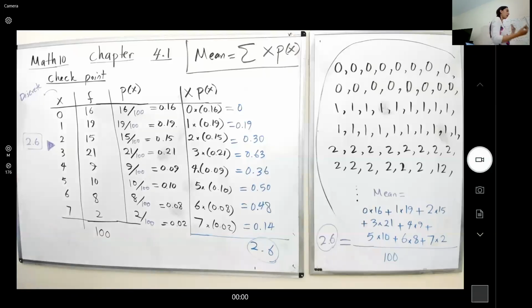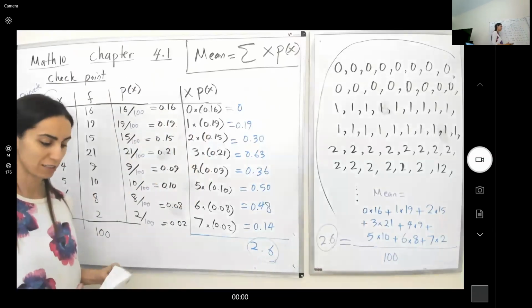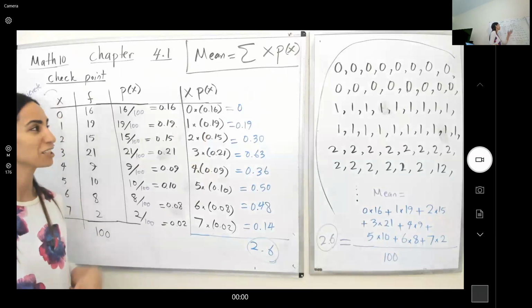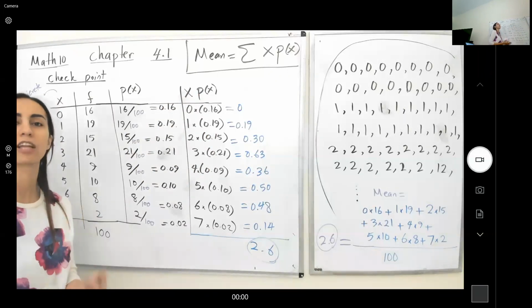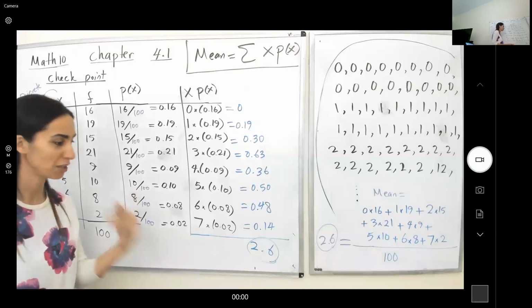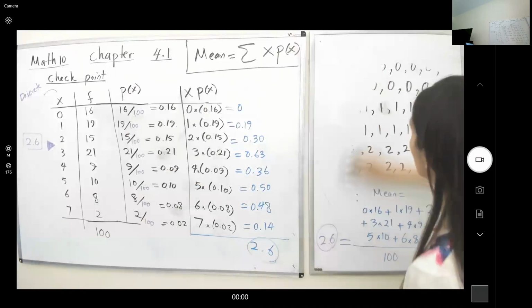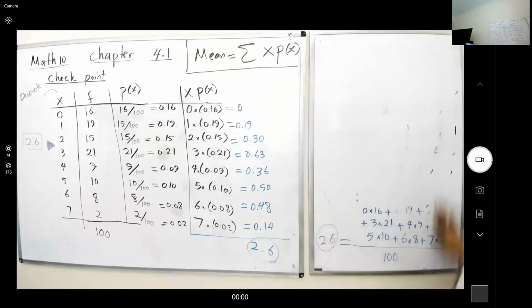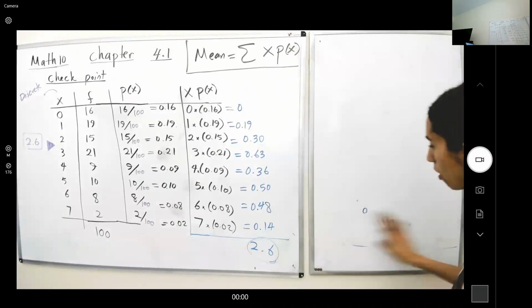Well, now I expect you to ask, you found the mean for us, how can we use the probability p of x to find the standard deviation? So let's forget about these data here and write down the formula for standard deviation. Of course, we need a new column.